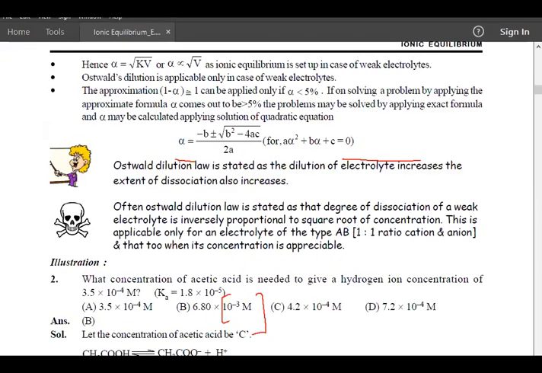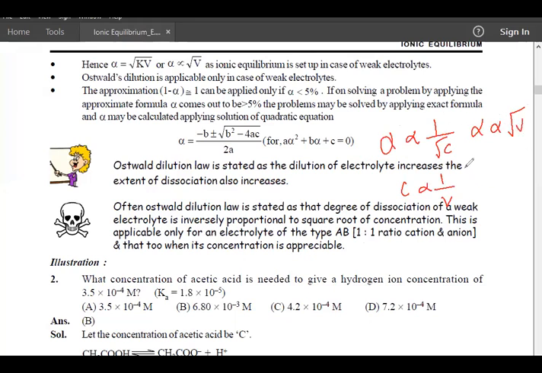Now, why is it called Ostwald law of dilution? So we know that alpha is proportional to 1 by root C. And we know that concentration C is inversely proportional to volume. Yes or no? So if you use these two, can I say that alpha will be directly proportional to root V?